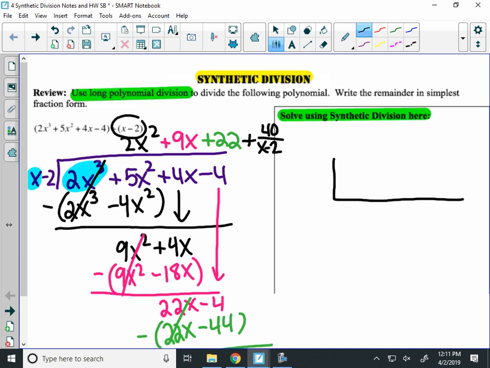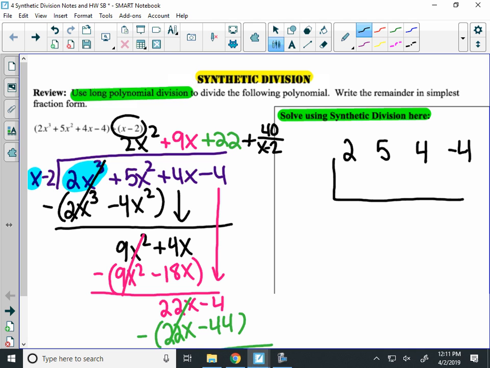We're going to leave a space because we're going to write inside the box. But along the top of the box, we write the coefficients from the dividend, what we start with. So we write a 2, right, and leave some space underneath. The next coefficient is a 5, and then a 4, and the last one is a negative 4. Okay, so those go along the top.